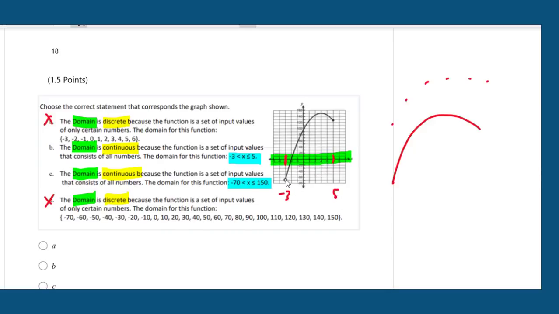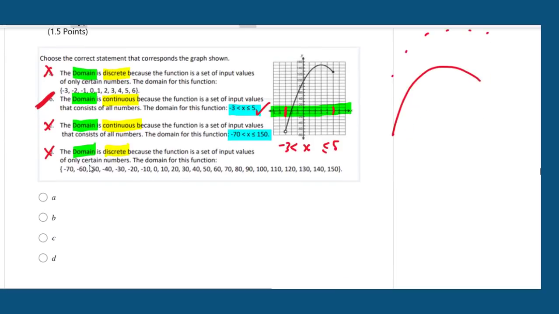So from negative 3, an empty circle, to 5, then a circle. So x lies here. So this matches this option. Okay, and double check. This is the option. This is not. So the answer is B.